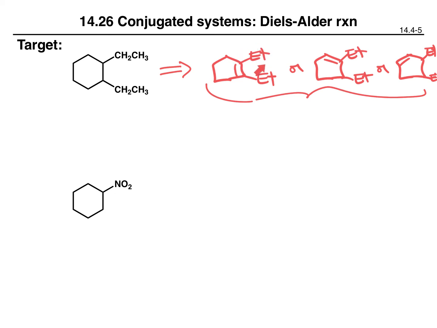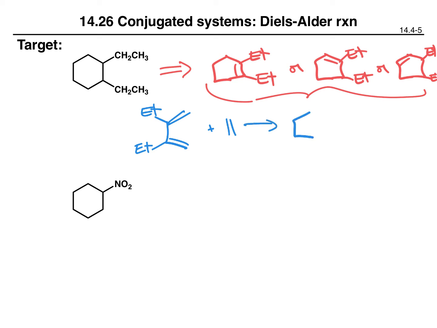Well, the ethyl group, like a methyl group, is an electron releasing group, so we want to have an electron releasing group on the diene. So we would try to carry this out where here is our diene with the ethyl group and the ethyl group, and that would react with ethylene.